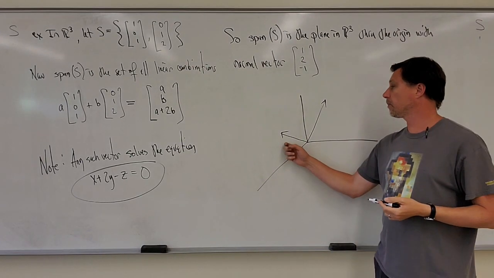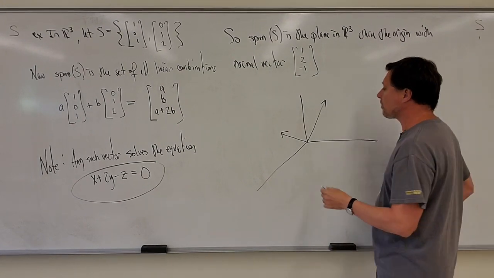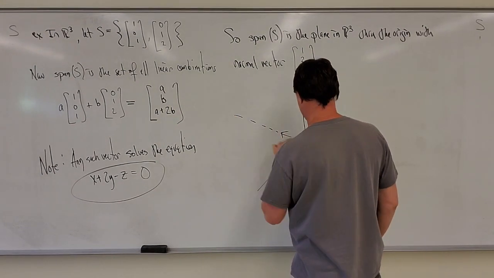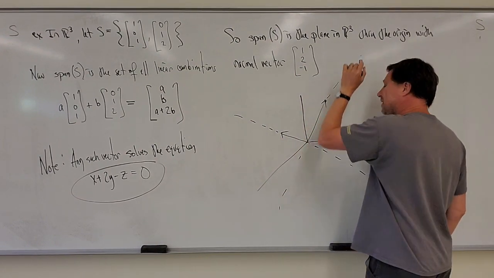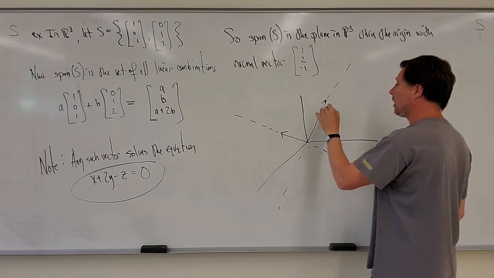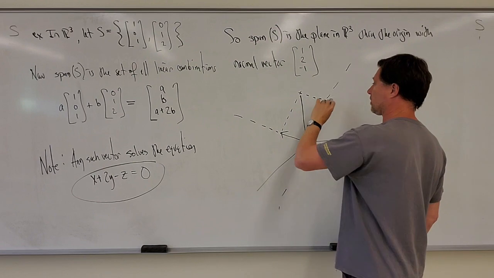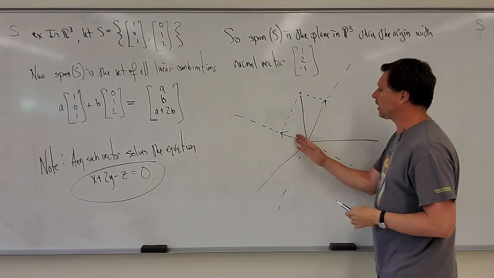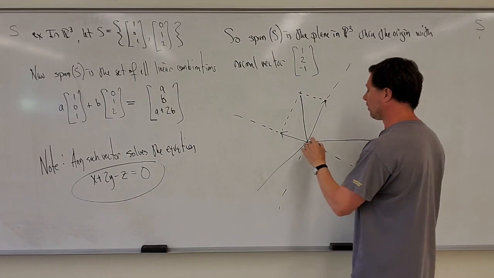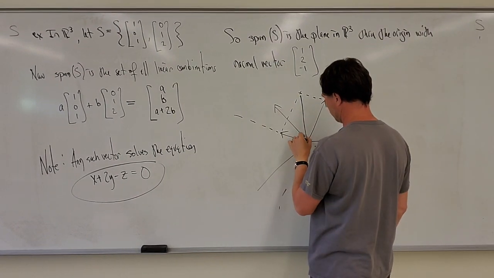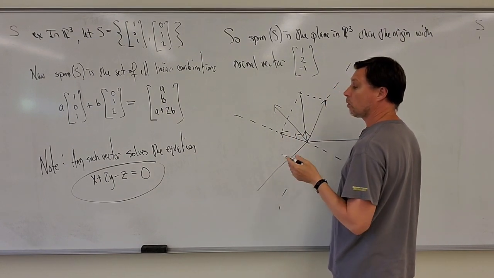The span, you want to imagine if you extend this vector out like this and out like that, and this vector out like that, the span is the plane that contains these two vectors. It's hard to draw, but it's the plane that contains these two vectors. The normal vector right there is (1, 2, -1).